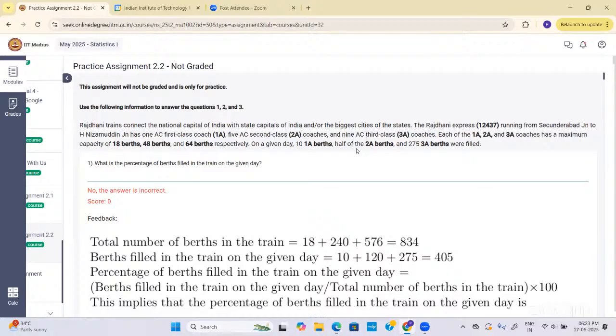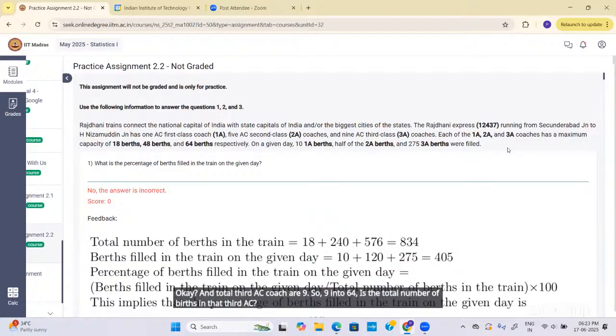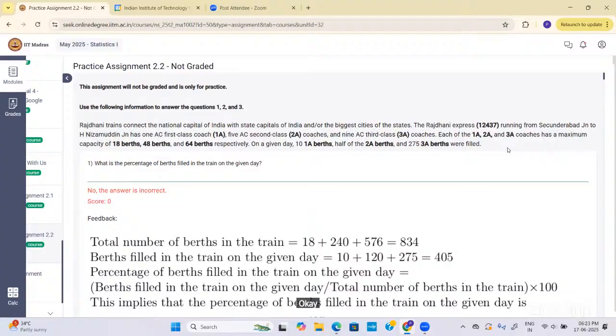So 9 into 64 is the total number of berths in the third AC, that is 576. So out of 576, 275 are booked.